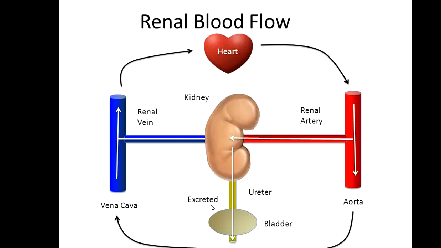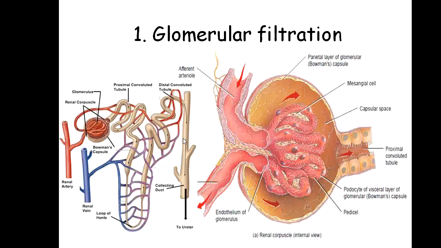You should be clear that per minute only 1 ml goes from this area to this area. Out of 120 ml of filtrate which reaches the Bowman capsule, in the normal condition only 1 ml of urine will reach the ureter per minute.